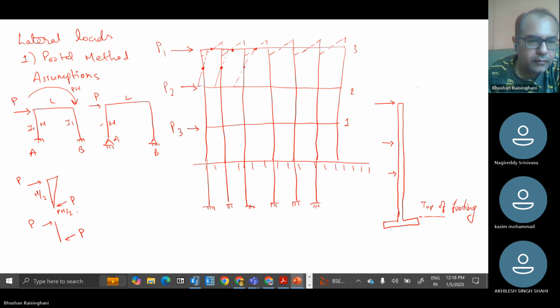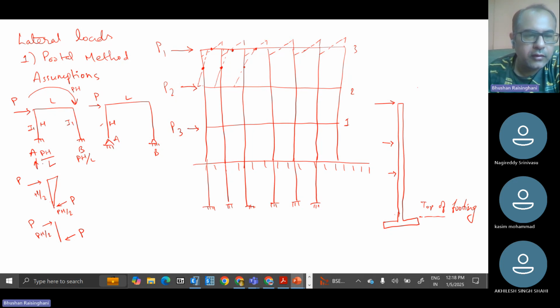And this is again P, and then it is P into H by 2. And the total moment that was happening was P into H total, and it was divided by L. L is the lever arm. So P into H by L is the moment. Then again P into H by L is the moment. So this lever arm is acting.